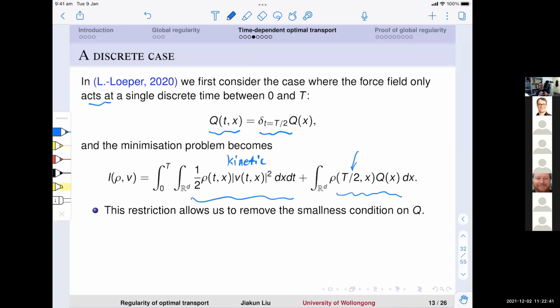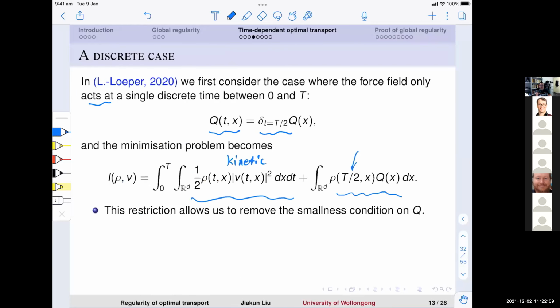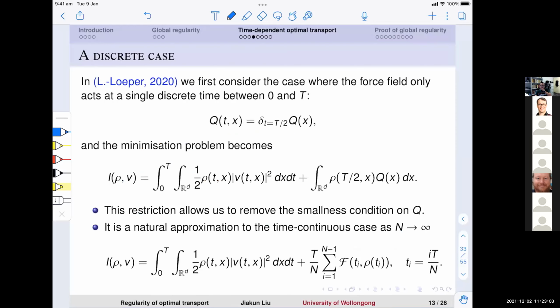Under such a restriction, we can remove the smoothness condition on q, because before, Paul Lee and Robert McCann assumed q is epsilon multiplied by v for epsilon very, very small. But now we can remove the smallness condition. Moreover, the motivation for considering this is, imagine you have some evolution from x to y.